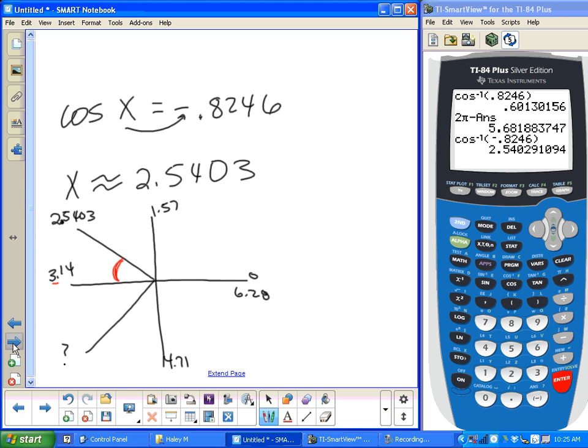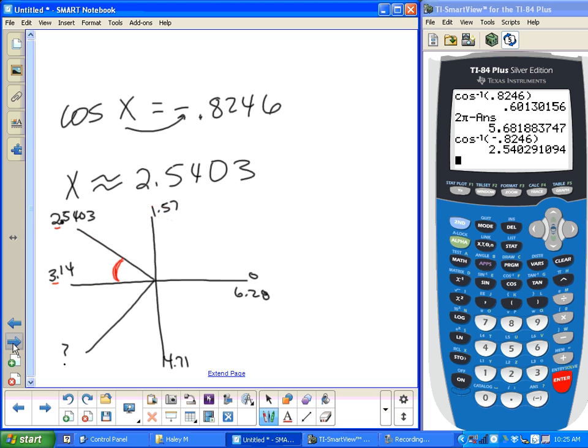From pi. Okay, so think about it. From here all the way around to here is pi, isn't it? So if I only go this far, it's just 2 point something. If I go this far, it's 3 point something. So all I have to do is subtract that from that, right?